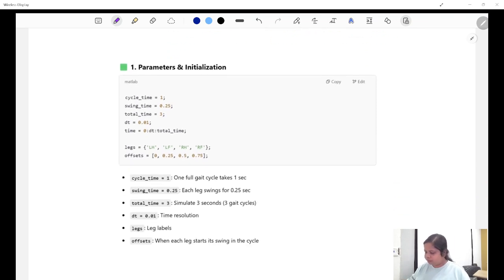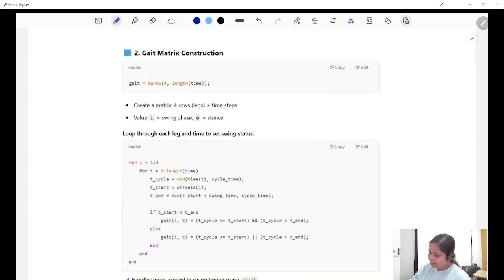Now, how do we do this? We define the cycle time, swing time, total time, and dt for what time we want to simulate, and then we have these offsets here. Then we define the gait matrix, which has 4 rows, legs into time steps, swing phase and stance phase.